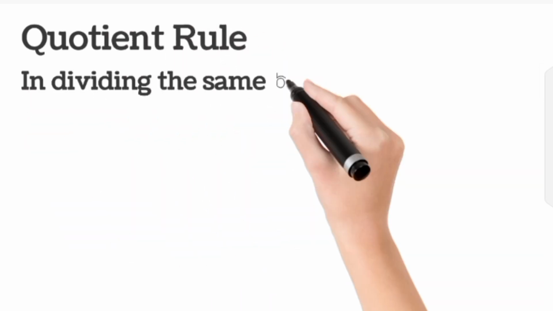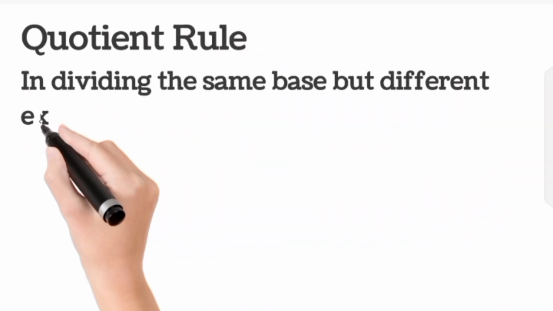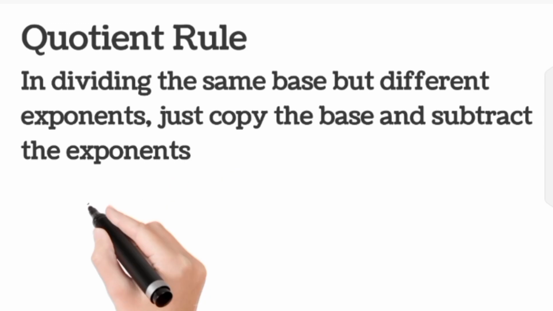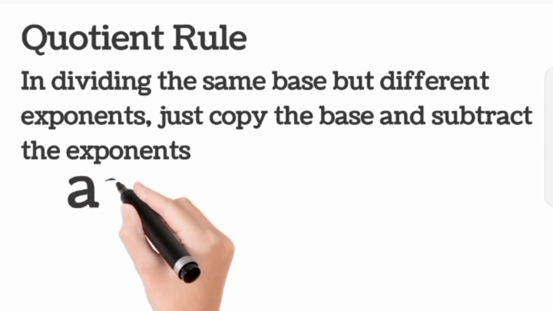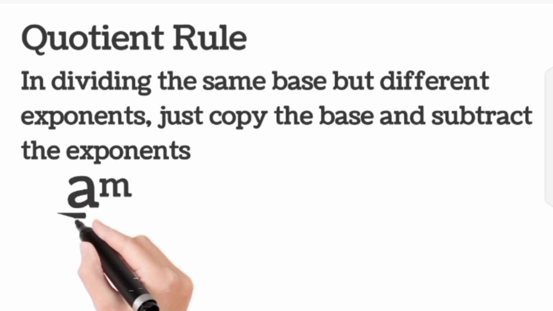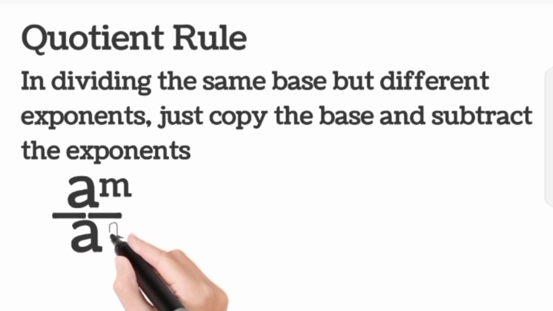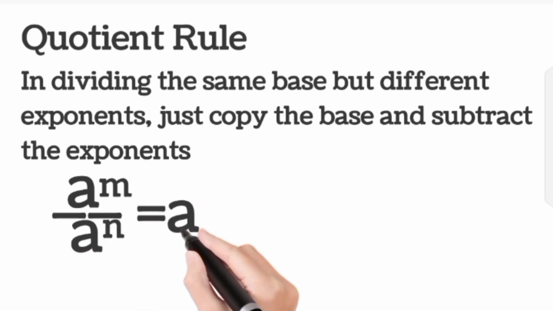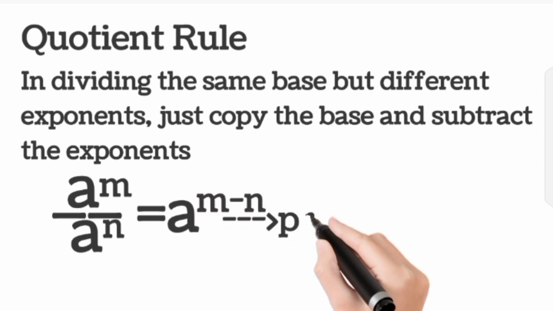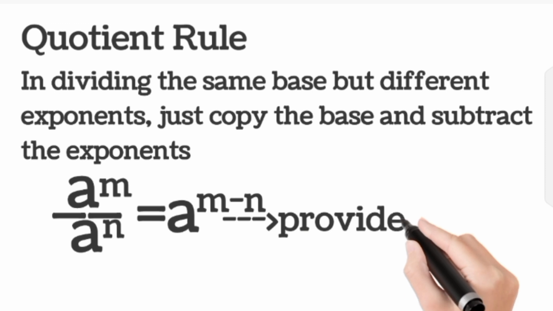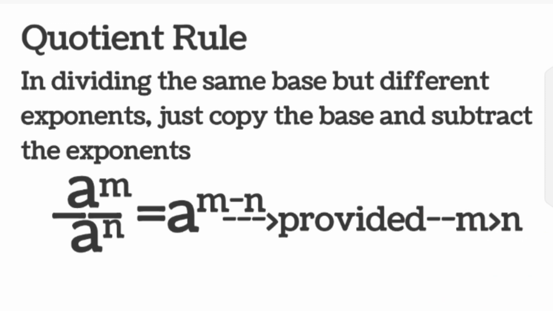Quotient rule. In dividing the same base but different exponents, just copy the base and subtract the exponents. We have a to the power m divided by a to the power n equals a to the power m minus n, provided that m is greater than n.